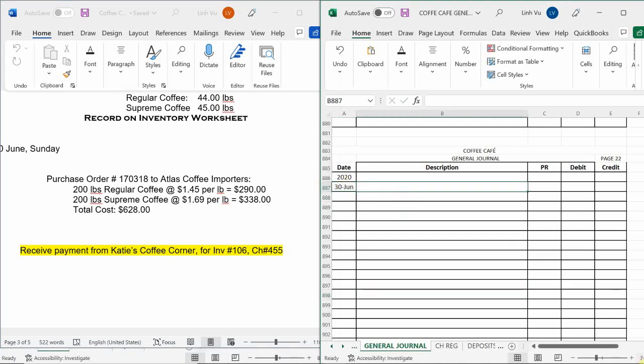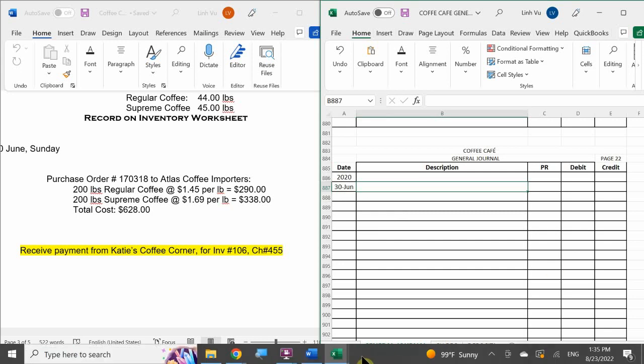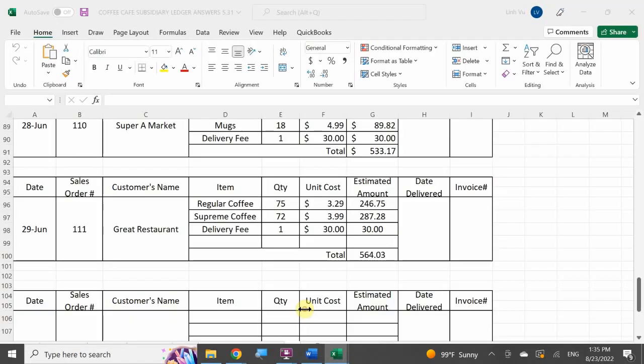How do I record that I received a payment from Katie's Coffee Corner for invoice number 106? We can go to the subsidiary ledger and see if we are giving the store an early discount for payment.